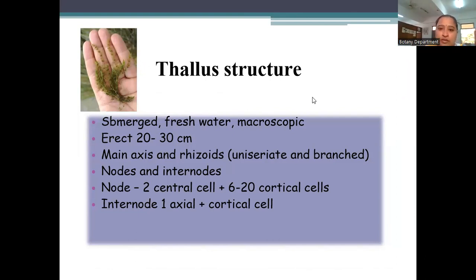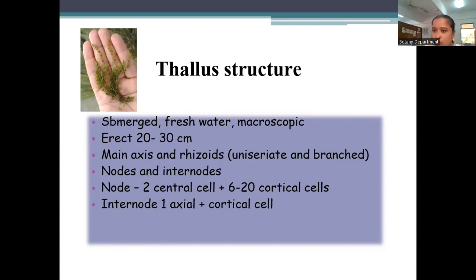In the total plant body you can observe rhizoids in the substratum, stem, and leaf-like structures. Not leaves, leaf-like structures are there. And another most important point: highly developed sex organs and conspicuous fertilization stages are present. That is why Chara is known to be an advanced type.